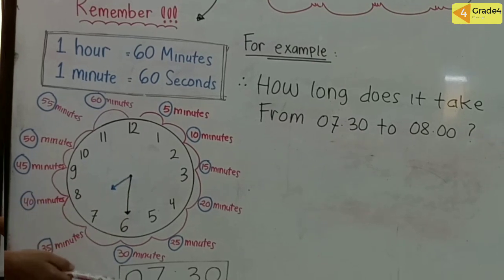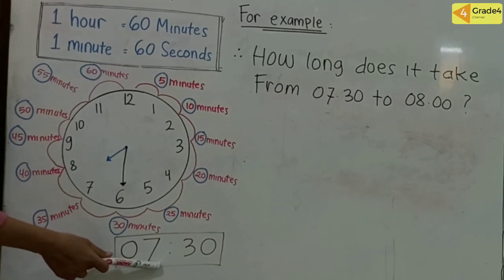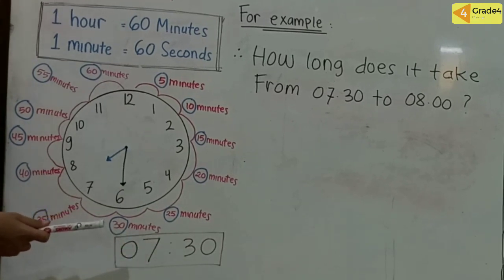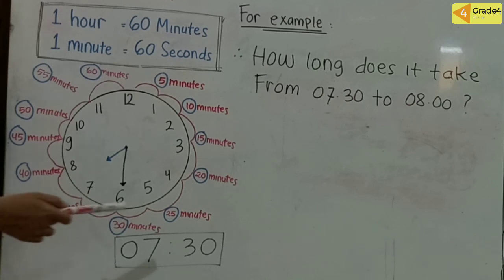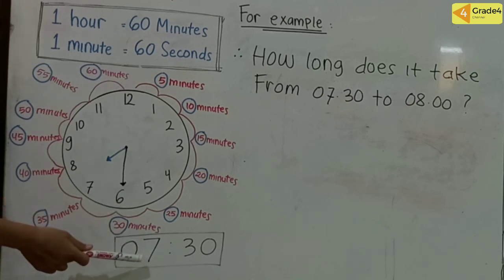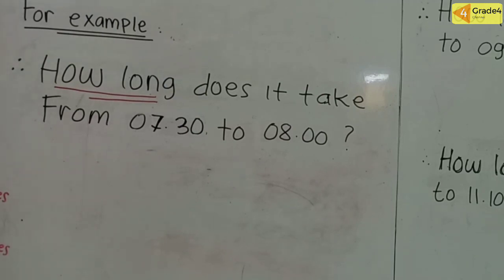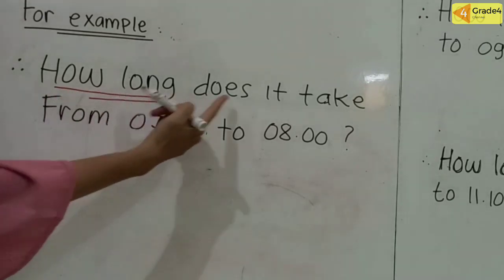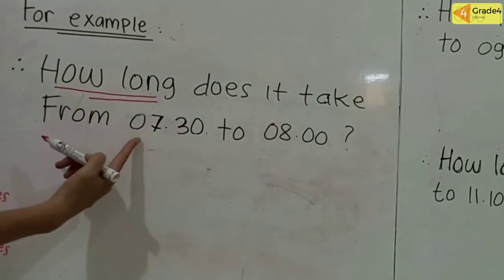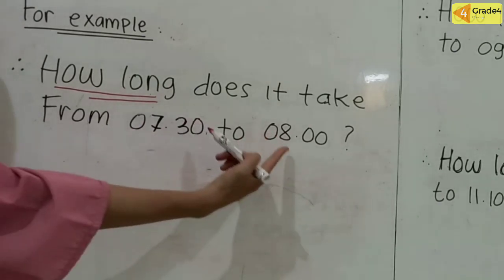So we can write 7.30, or we can say half past 7. For example, let's calculate the time. The question is, how long does it take from 7.30 to 8?